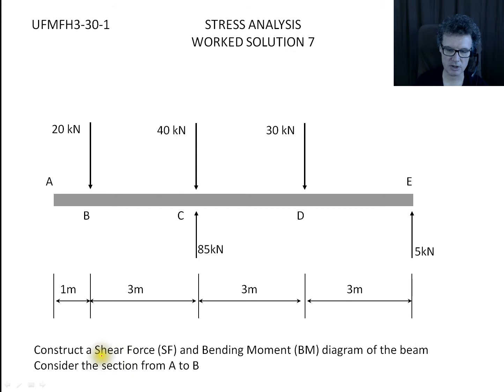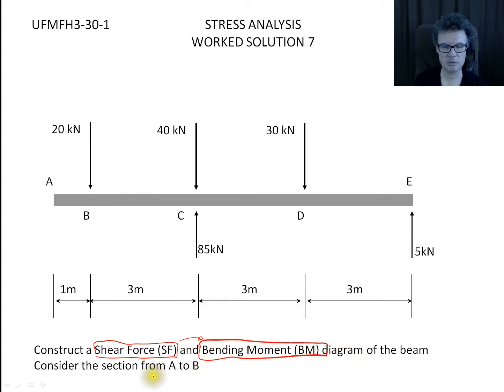In the lecture I took the approach of first finding my shear force diagram and then moving on to find my bending moment diagram. The approach we're using in this work solution is slightly different: we're going to do both of these things at the same time, in conjunction this time, and we're going to go through section by section.